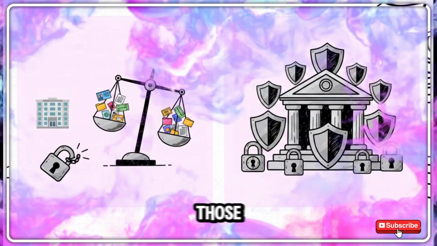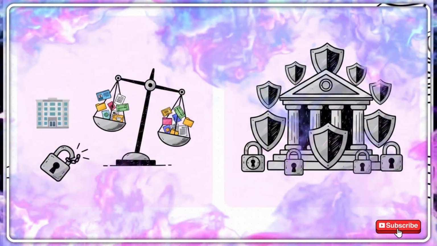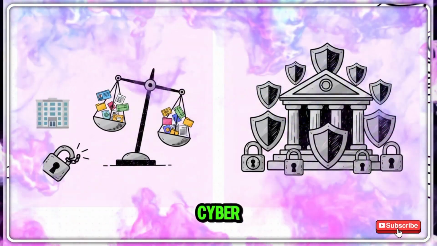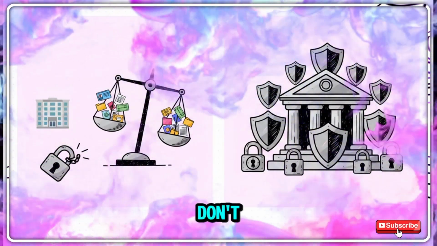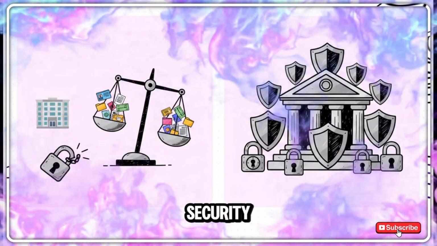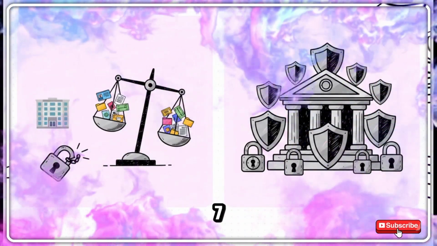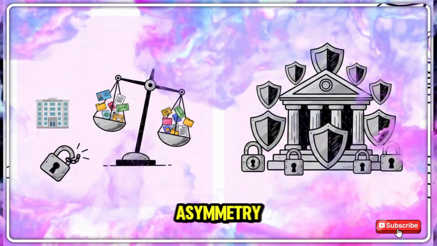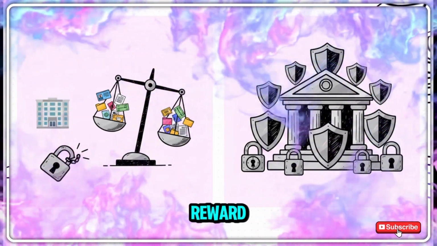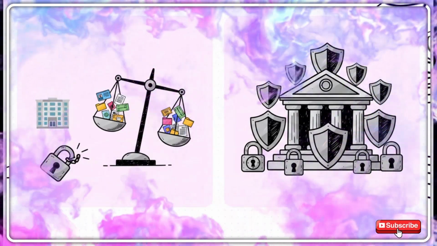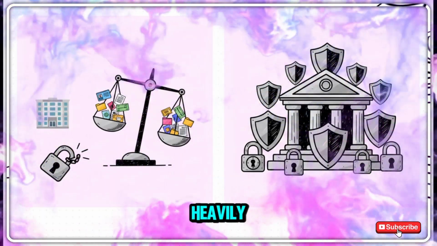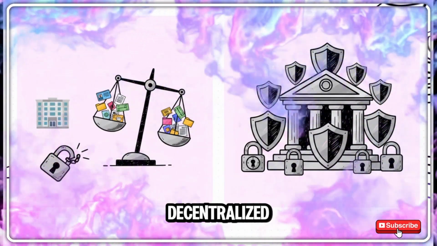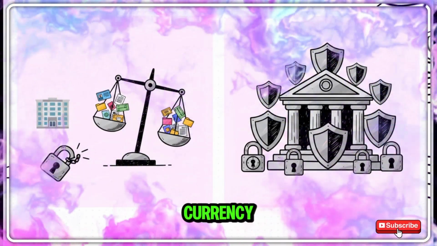Yet, unlike those massive enterprise operations, these smaller hubs rarely possess the hardened, low-resistance cybersecurity infrastructure. They don't usually have dedicated IT security teams operating 24/7. So to a sophisticated threat actor, this is the perfect asymmetry. It's maximum reward for minimum effort. Why try to blow the vault door off a heavily guarded bank when you can just target lightly defended, decentralized networks that are holding the exact same currency?